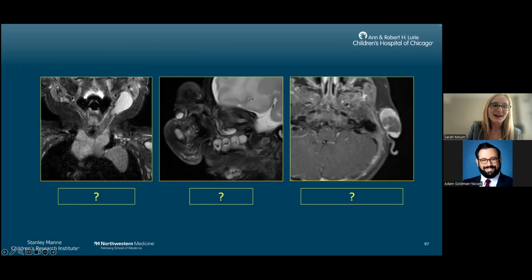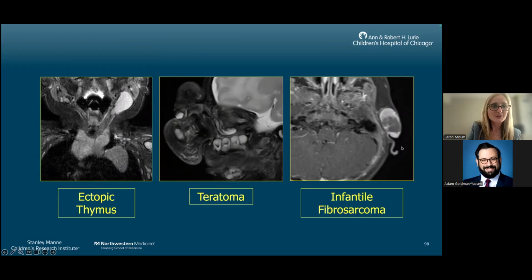And in the middle image, we have this complex, partially cystic and solid abnormal facial mass at midline. And then at screen right, we have this heterogeneously enhancing central necrotic lesion in the left parotid region. So ectopic thymus on the left, teratoma, and then infantile fibrosarcoma.